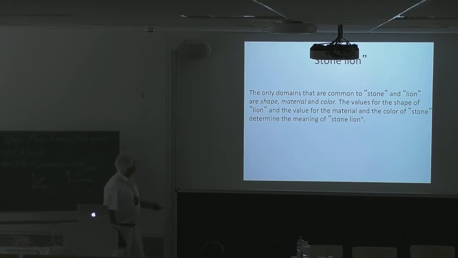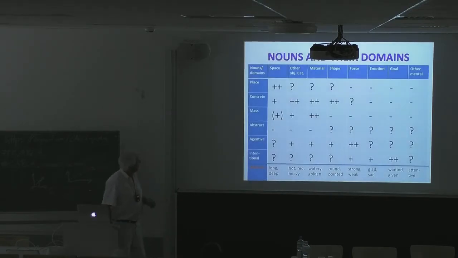And stone is a mass noun. And remember my categorization that I presented yesterday of different kinds. So you would put lion in the class of concrete, and these are the domains that are associated with lions.